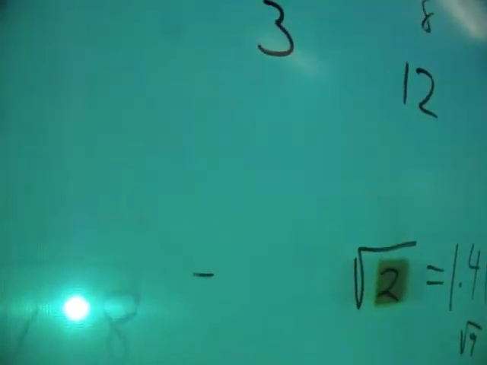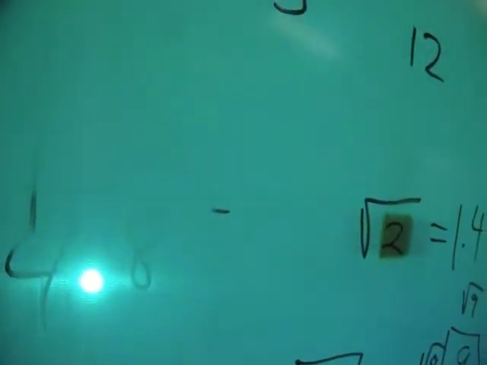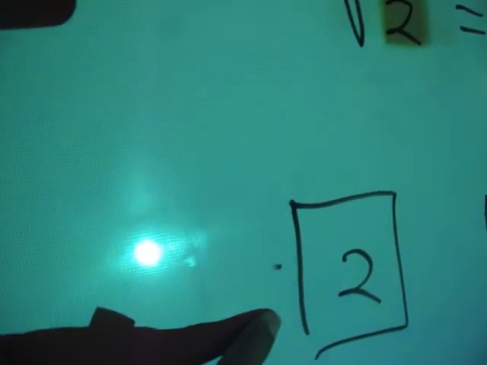If this is going to be 2, what's one side have to be to make it 2? 2 times 2 is 4. All right. Levi, what would it have to be? To make this 2. What would I have to make it? What would it have to be?